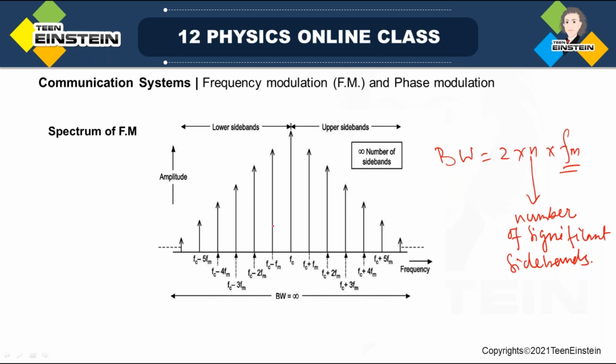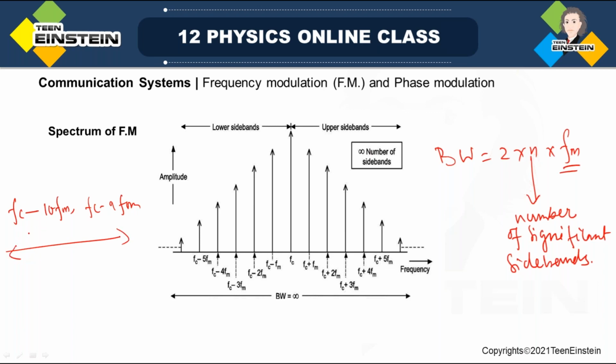Okay, so here, as I was taking the example of 10, suppose you have some 10, so you have both sides. You have FC minus 10 FM, then you have the line FC minus 9 FM, like that it goes 1 to 10.